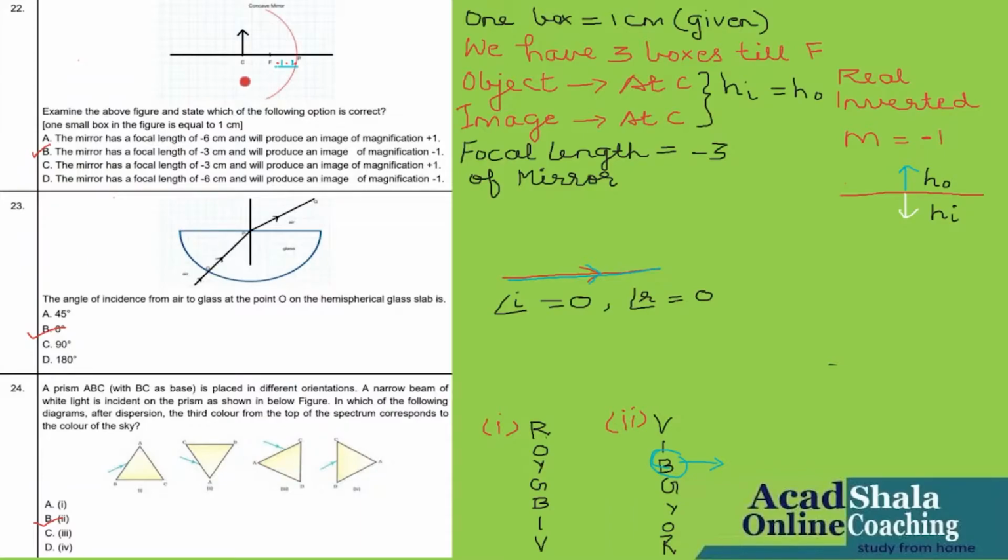But it is inverted, and that is why magnification is coming out to be minus 1. Because the image which is formed is inverted, the image is real and inverted.